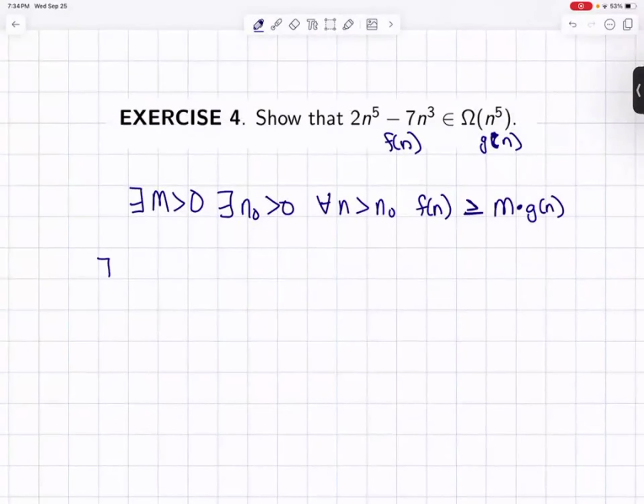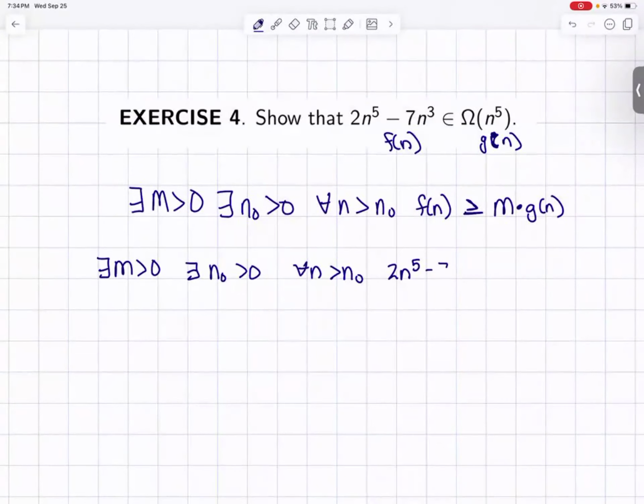Okay, so let's just rewrite this with that information in place. There exists an m and an n naught greater than 0, for all n greater than n naught, 2n to the 5 minus 7n cubed is going to be greater than or equal to m times n to the 5. And just as we did previously, we're going to go ahead and pull out that n to the 5 and get that factored form again.